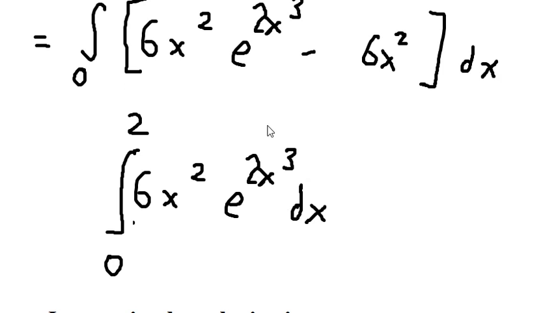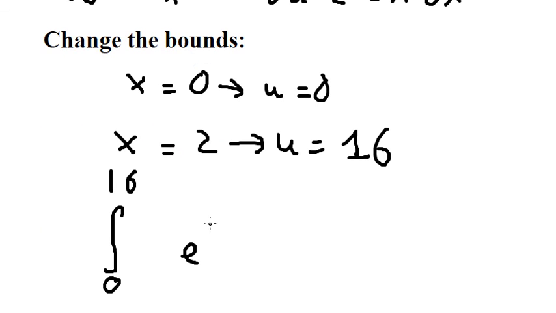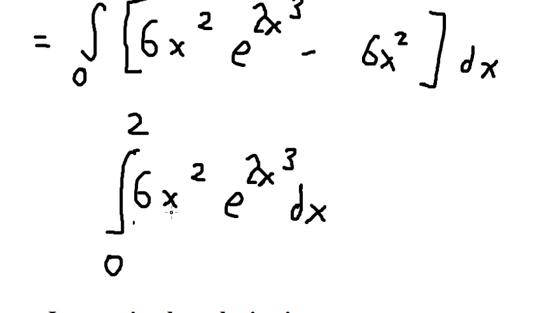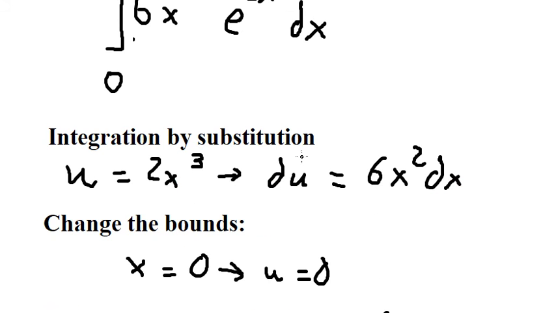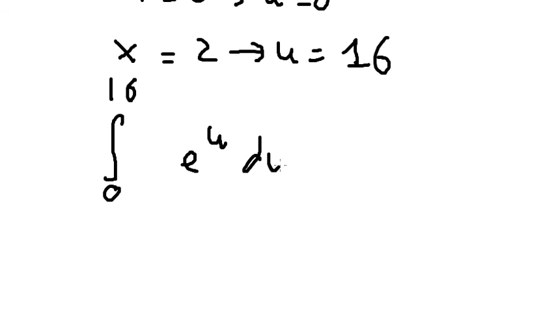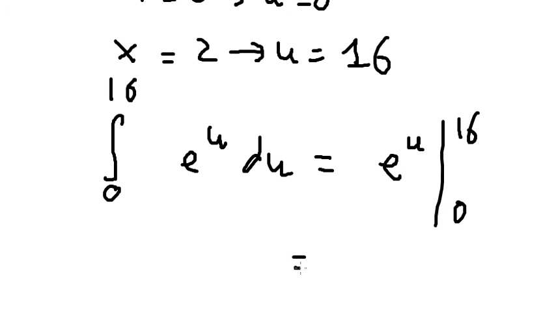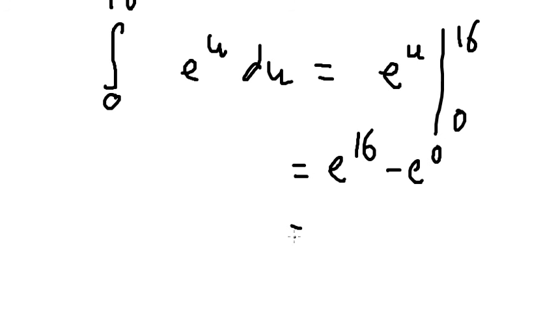This one we change by u, and 6s squared ds we change by du. So we have e to the power of u, and we put the limits from 0 to 16. And this one we have number 1.